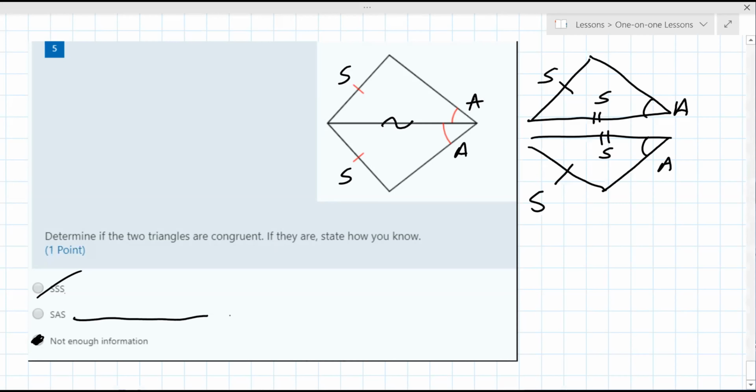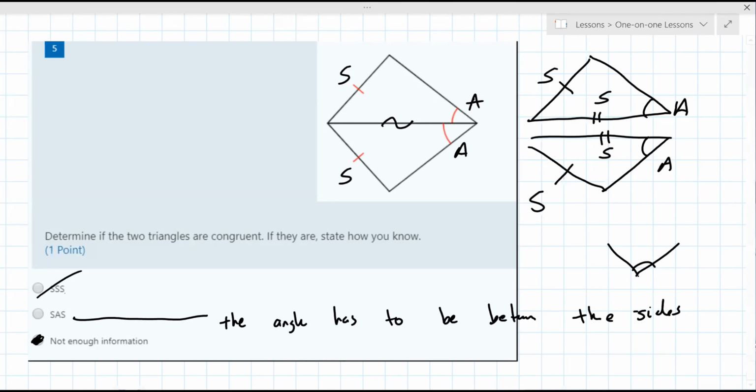I didn't say this: the angle has to be between the sides, so it's side angle side. It's not like you just pick them and throw them together. Sorry if that wasn't a good explanation. I will try and do better on this next one.